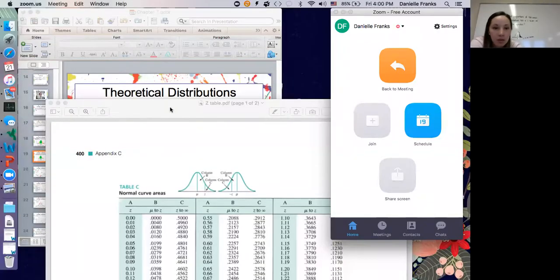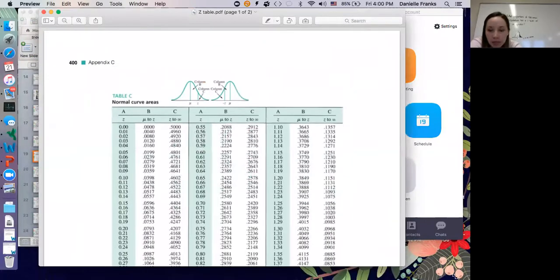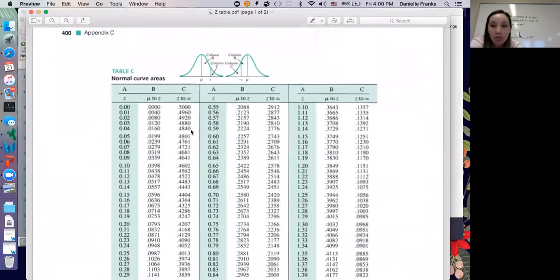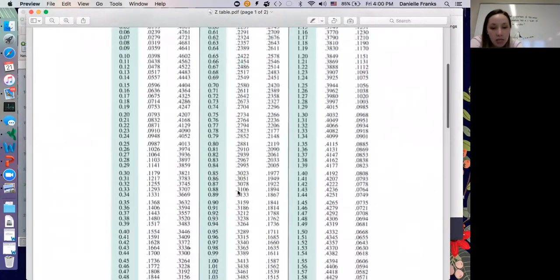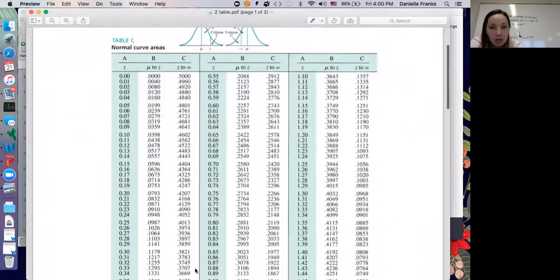Okay. So here's my screen. Here's my desktop, my desktop z-table here. So we're looking for a z-score of 1. That is the z-score that we're working with here. And here is our z to infinity column. That's the column that we're interested in. So we scroll down and we look for our z-score of 1 right here. That is our z column here.